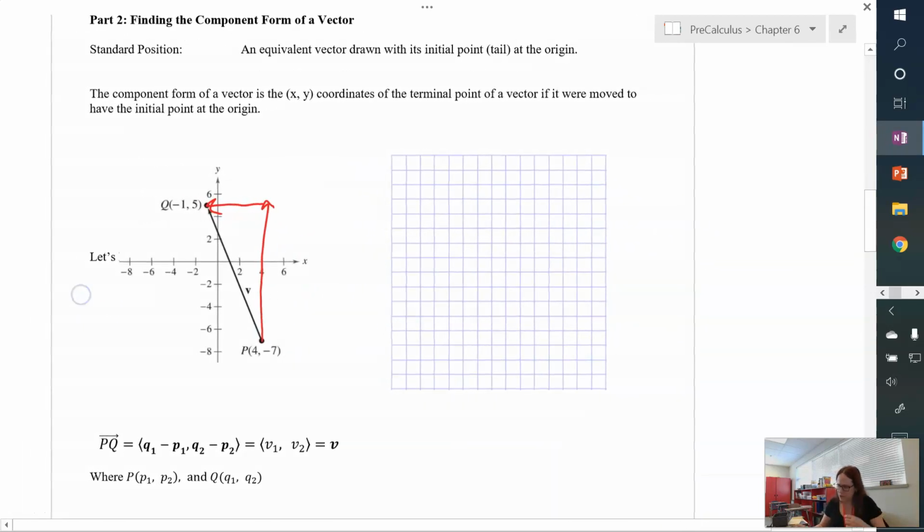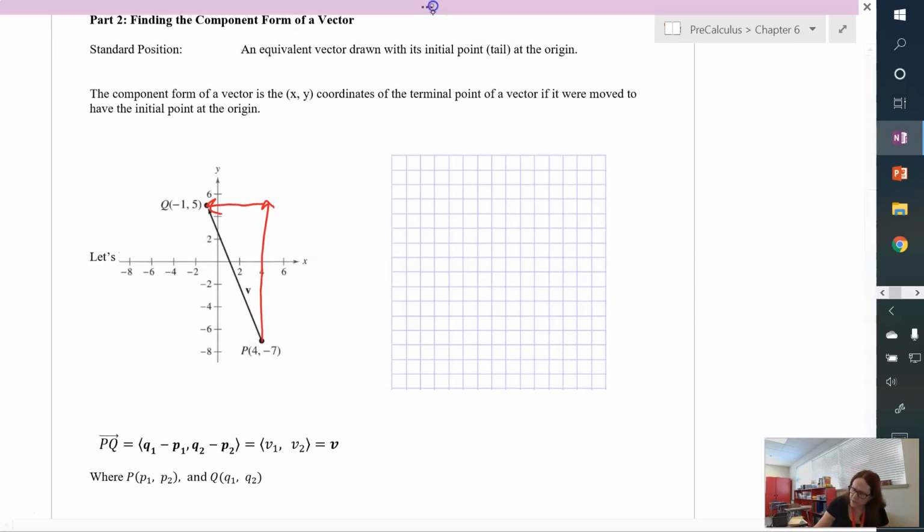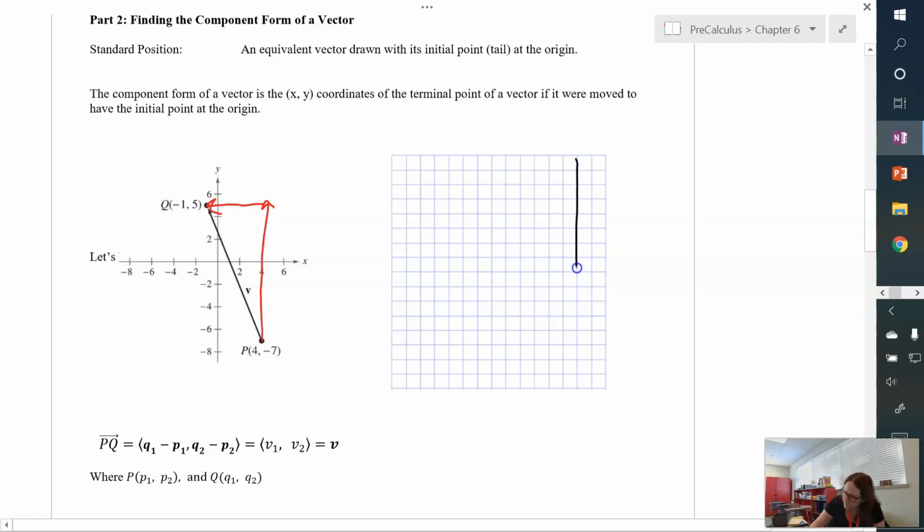What I'm going to do is, I've already given us a coordinate grid here, and I'm just going to slide this vector so it starts at the origin. So I'm putting in my xy coordinates. My origin is going to be right here. So here's my x-axis, here's my y-axis. Now I'm starting at the origin at 0, 0.